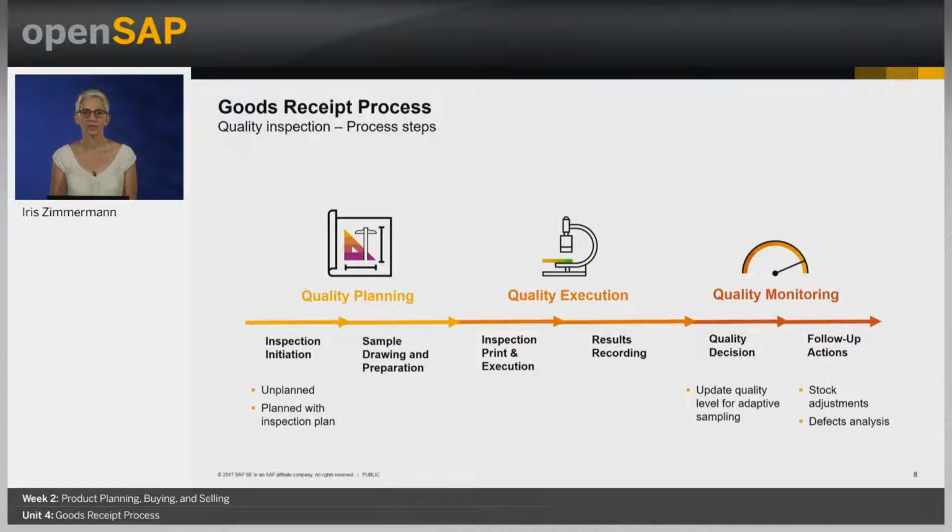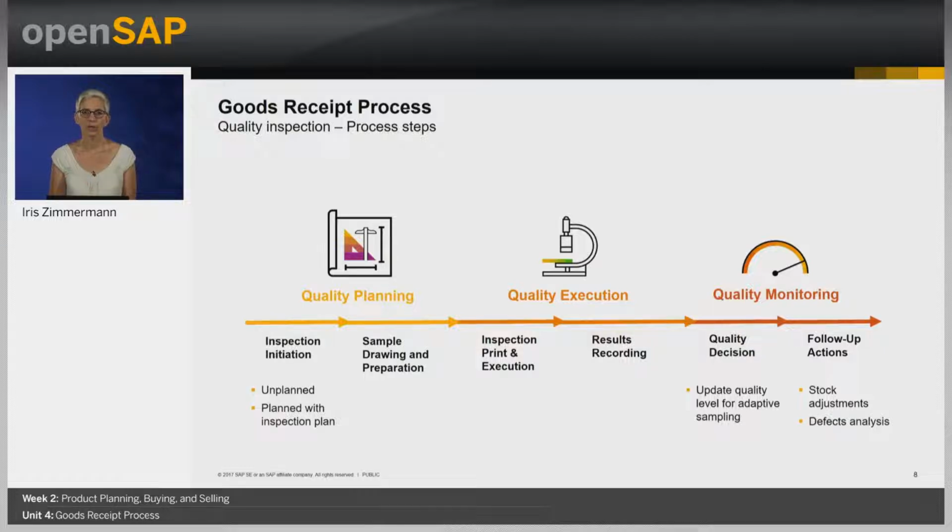There is no prerequisite for this unplanned inspection. On the other hand, planned inspections can be triggered automatically if activated in the logistics model, and you need an inspection plan for this that determines which products or suppliers should be inspected.